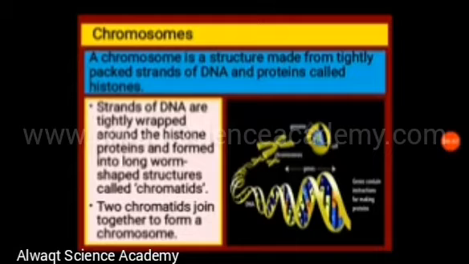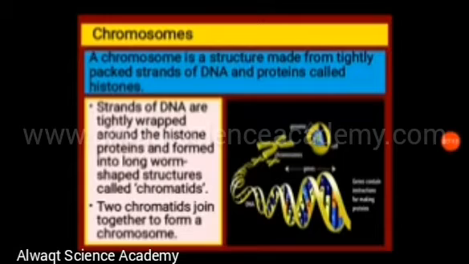So the DNA molecules are wound around the protein histones to form a structure called chromatids. On a normal day, a cell that is not dividing has what is called chromatids, that are single strands of worm-like structures located in the nucleus of the cell.